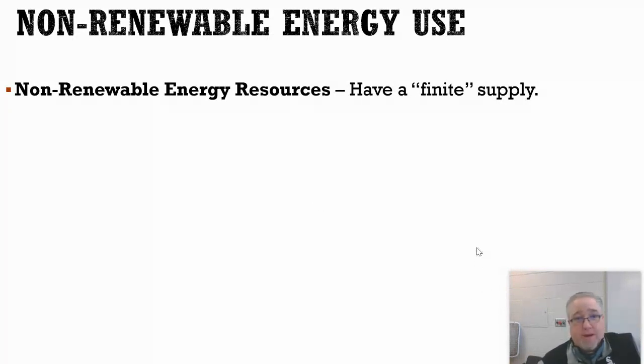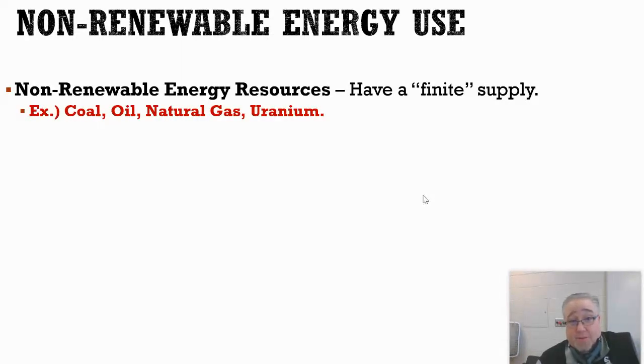We've talked about this briefly before. A non-renewable energy resource is something that we're going to run out of. This word here, finite, is kind of the opposite of the term infinite, which means that we don't have a lot of it.